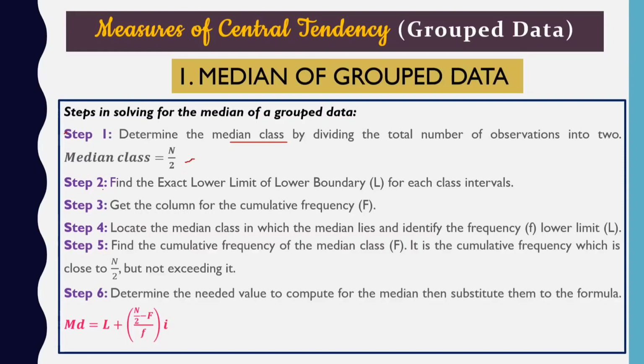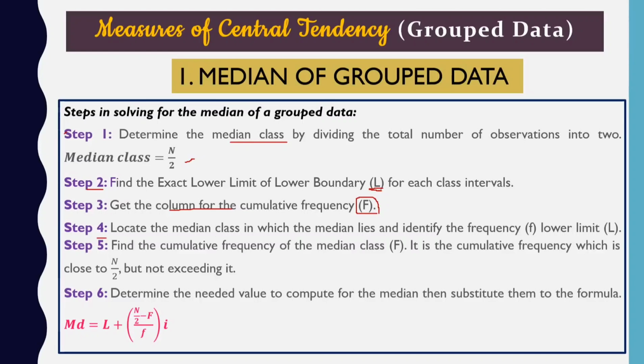For step 2, we find the exact lower limit or lower boundary, which we represent using capital L for each class interval. Step 3, we get a column for the cumulative frequency. We use capital F to represent this.